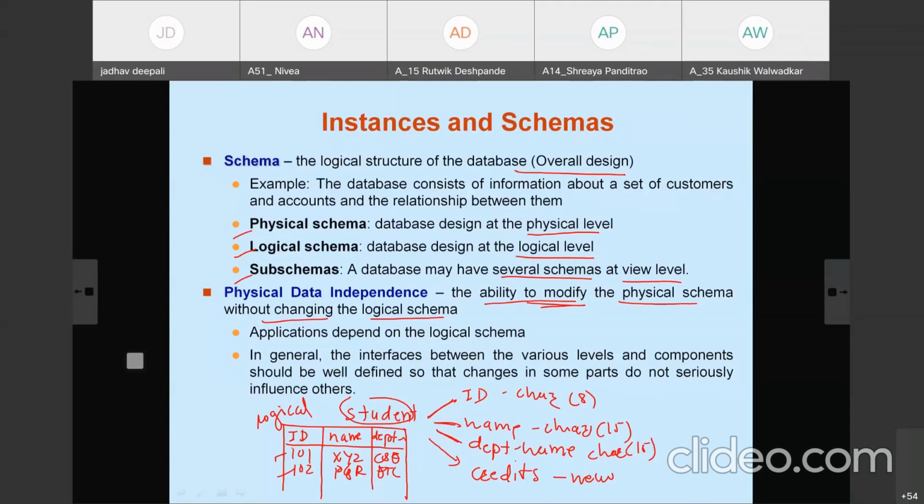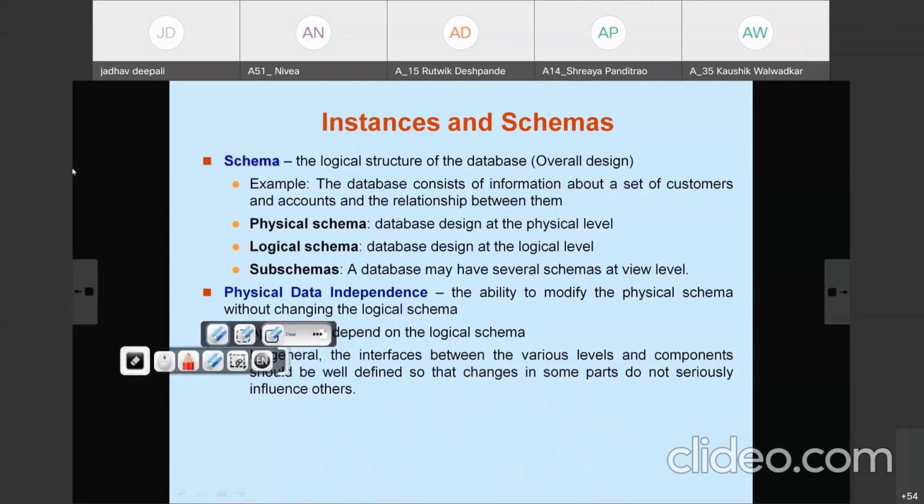But only remember now that the ability to modify the physical schema without affecting the logical schema is known as physical data independence. That is about the schema.